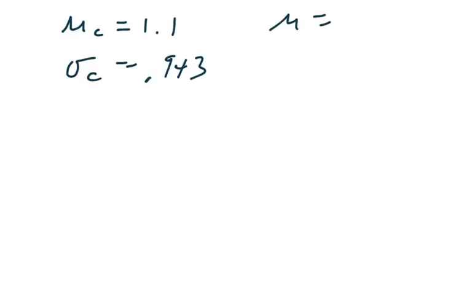Alright, so for this particular problem, in example number 1, we did the other day that the mean of the cars was 1.1, standard deviation of the cars was 0.943, the mean of the SUVs was 0.7, and the standard deviation of the SUVs was 0.640.